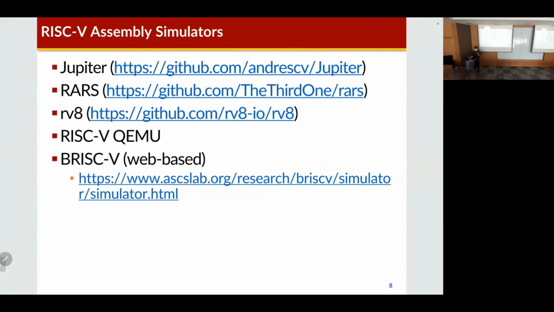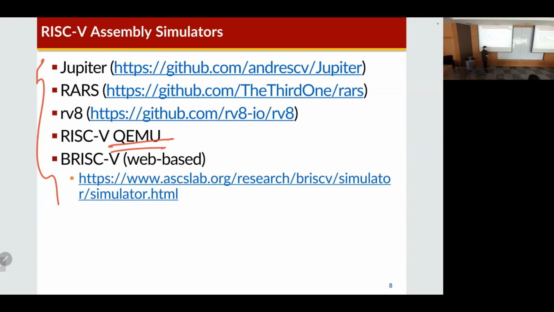You can use tools like Jupyter, and also QEMU is a very popular tool. I believe some of you already know about virtual machines, like VirtualBox or Parallels. I already posted that slide. But the disadvantage of VirtualBox is that it can only run an operating system that supports the same instruction set architecture.